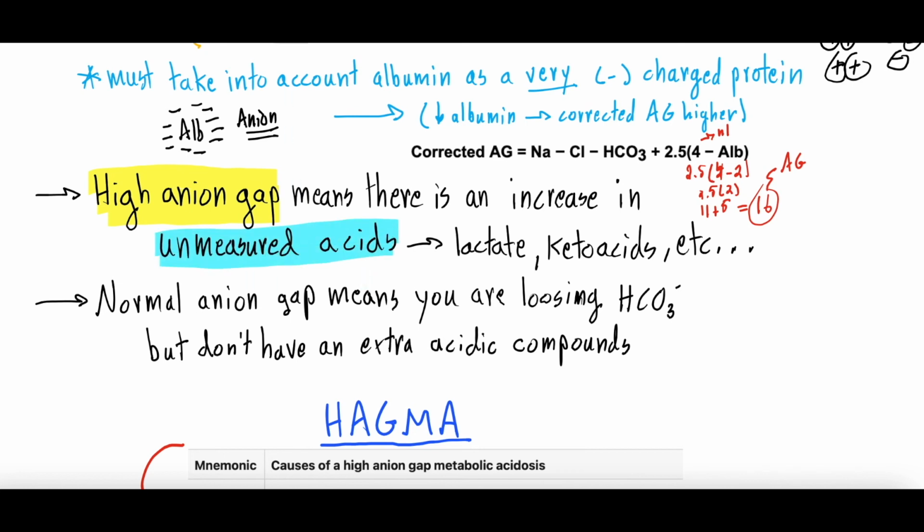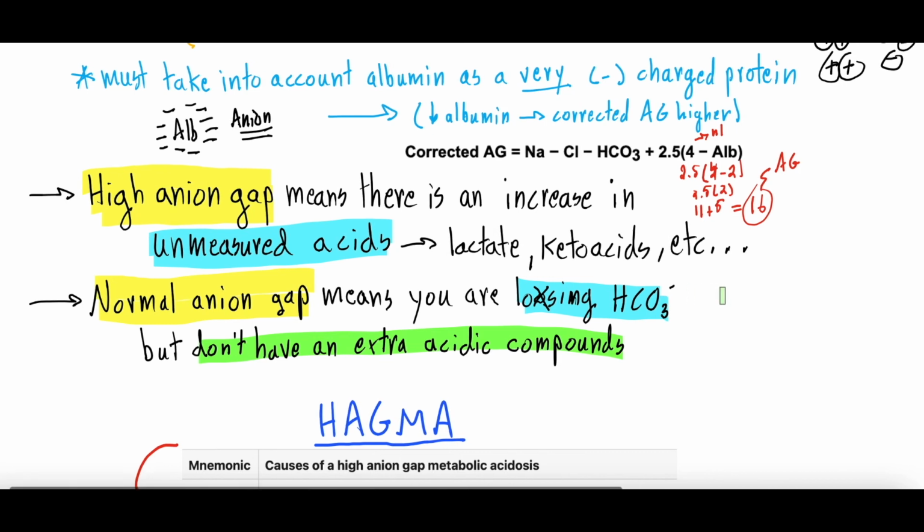We're going to get into this, but first, so we can kind of clump both, a normal anion gap means that you're just losing bicarbonate, not losing too many O's, losing bicarbonate. But you don't have any extra acidic compounds floating around, you're just losing bicarbonate.